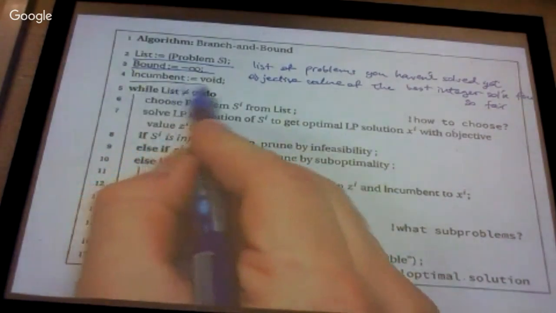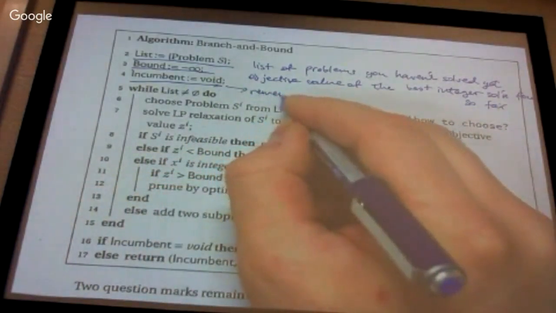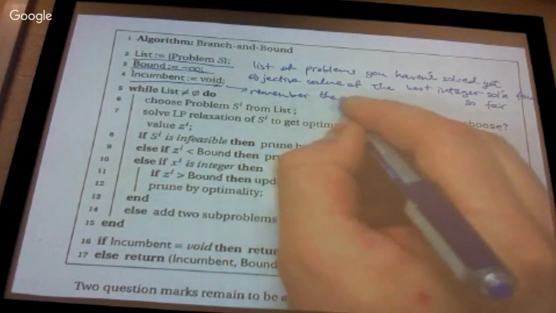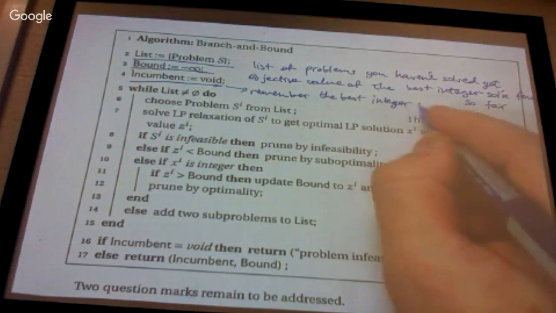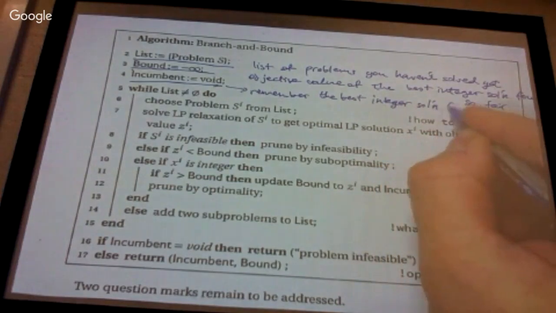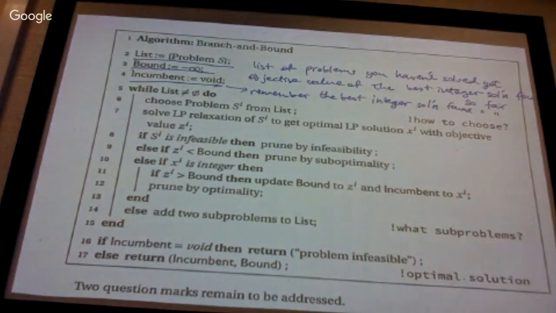And this thing called the incumbent is you just remember the best integer solution found so far. So you always keep track of the best you found ever, and in the end, when you finish, the best you found so far is the best ever, and that's the optimal solution. This is how that works.